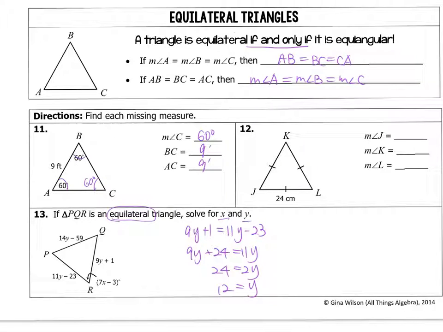If y is 12, then I need to go for the x. The x is in a way easier, in a way harder, because no information is given about the x, about the angles. But we know that all interior angles in an equilateral triangle are identical.